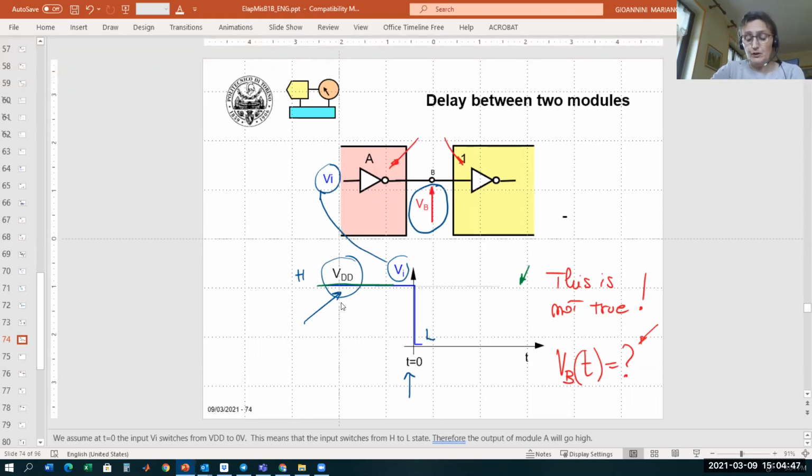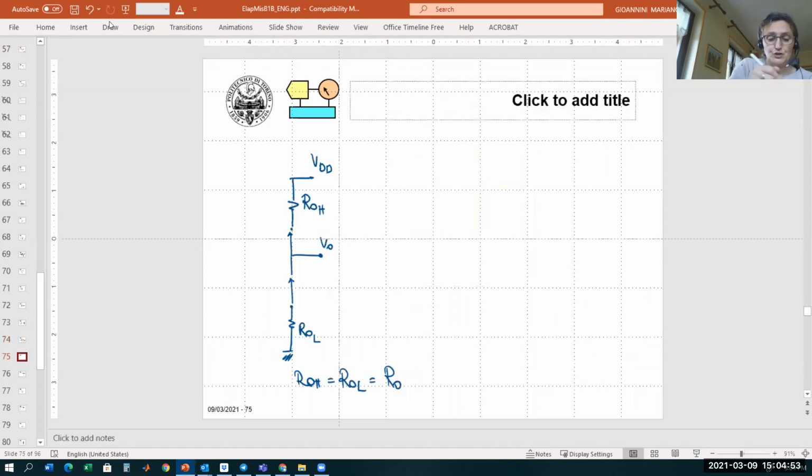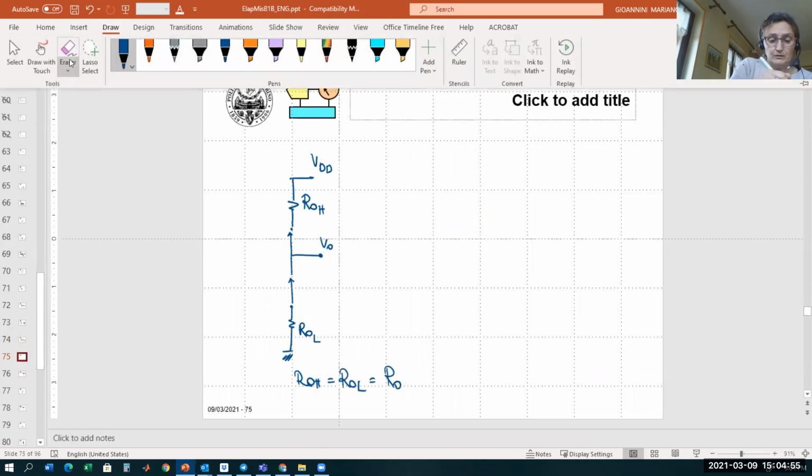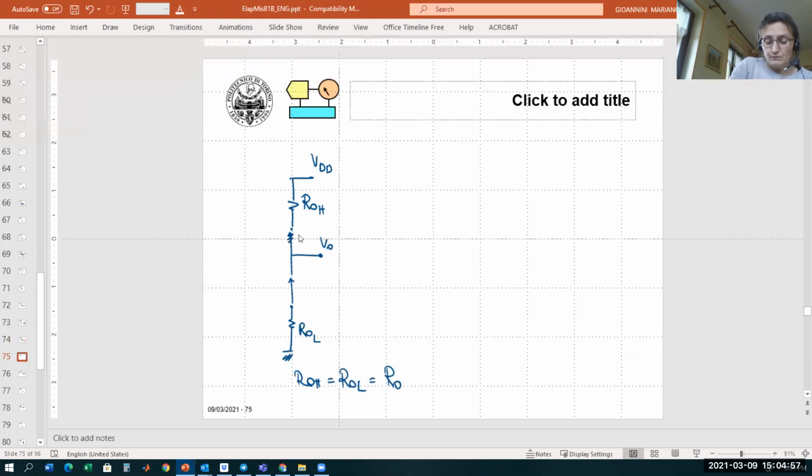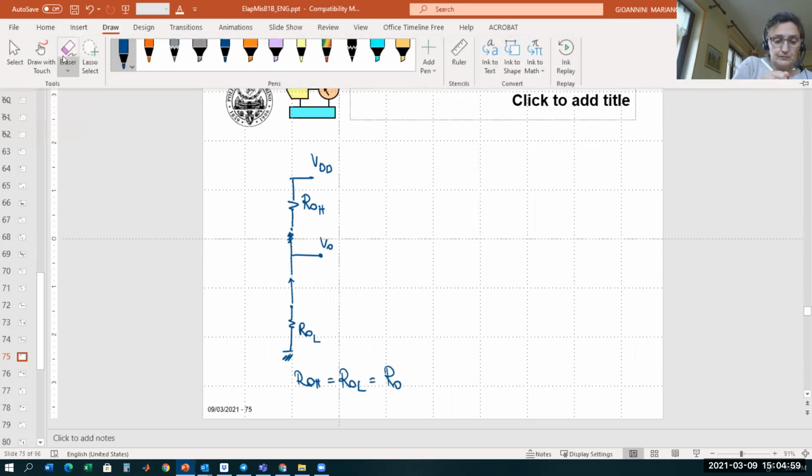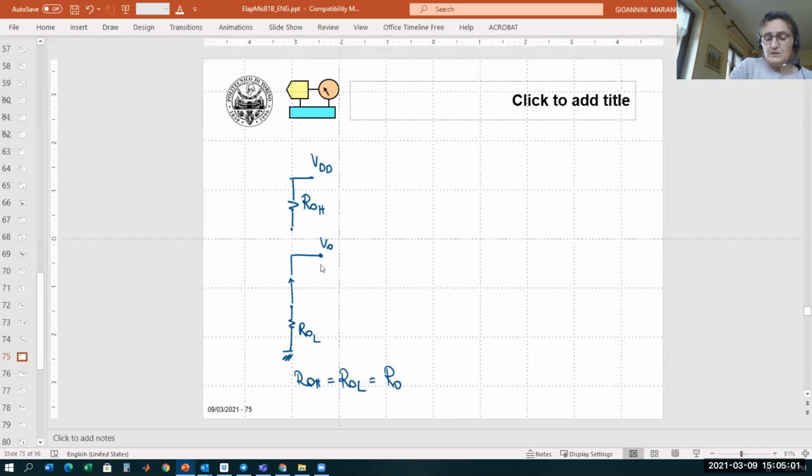If the input voltage is high, the output is low. So in our initial condition, we have that this switch is open. This is our initial condition because the output is low and the input is high.